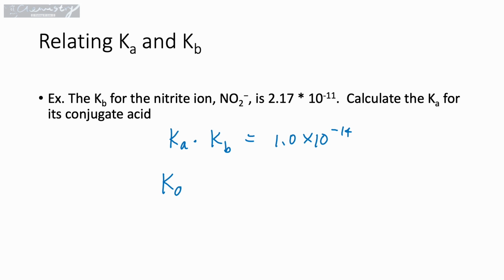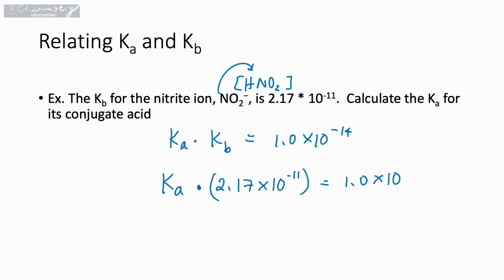So Ka, which is the conjugate acid of NO2 minus, in this case, it is going to be the nitrous acid Ka, because that is its conjugate acid, multiplied by Kb, 2.17 times 10 to the negative 11, is equal to 1.0 times 10 to the negative 14. So Ka, in this case, is going to equal 4.6 times 10 to the negative 4.